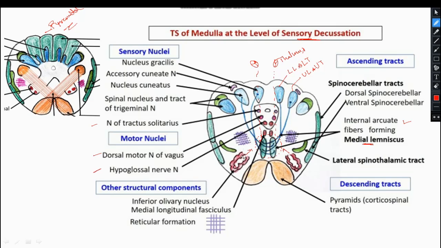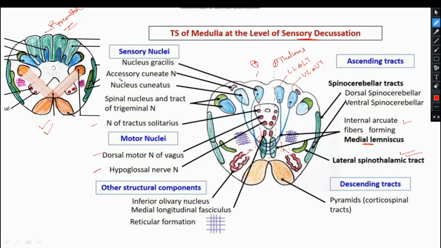Posterior to this olivary nucleus we see a criss-cross structure, the reticular formation, and lateral to this reticular formation, we see this green colored one, the lateral spinothalamic tract. When you compare this lateral spinothalamic tract with the one at the pyramidal decussation, it is shifted a little bit medially.